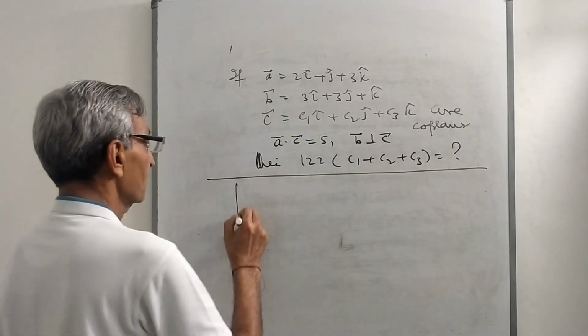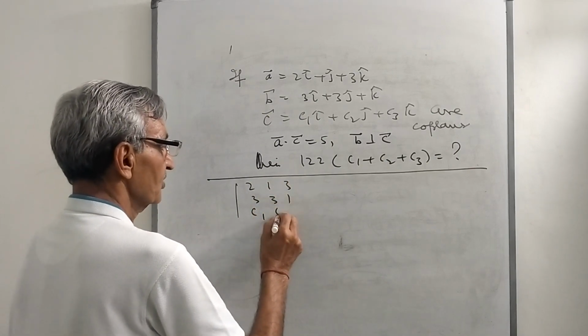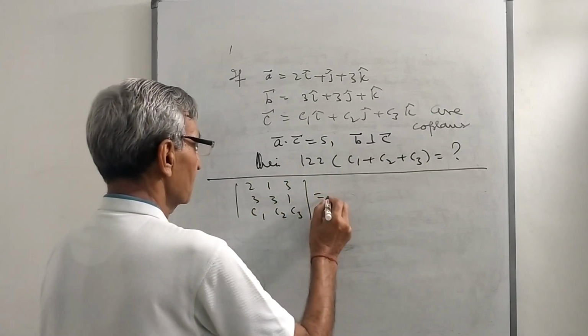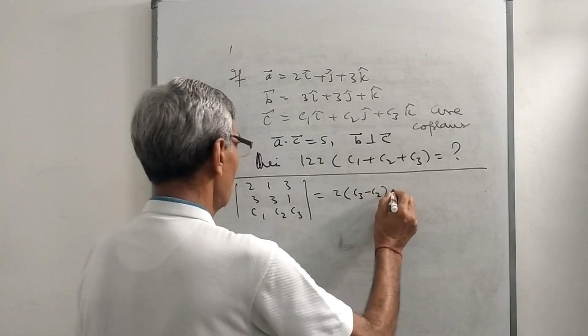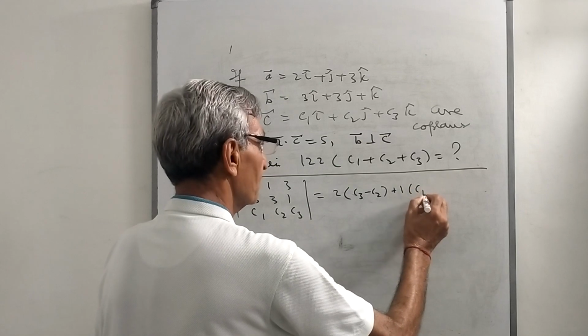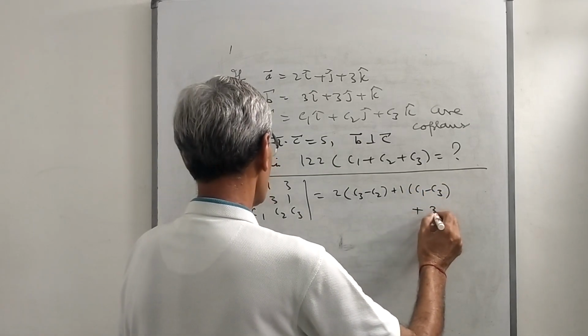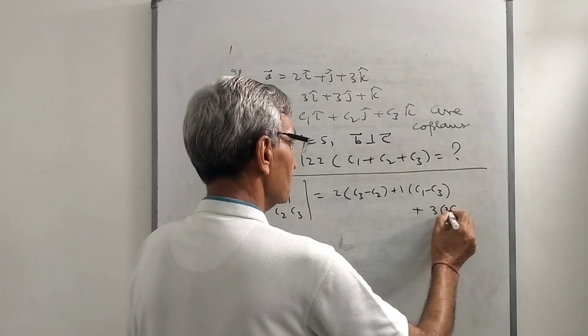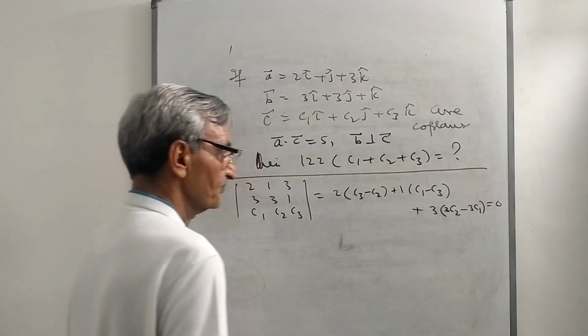Since they are coplanar, therefore the determinant with rows 2, 1, 3; 3, 3, 1; C1, C2, C3 is equal to 2 into (C3 minus C2) plus 1 into (C1 minus C3) plus 3 into (C2 minus 3C1) is equal to 0.